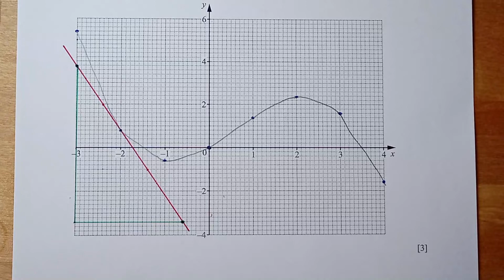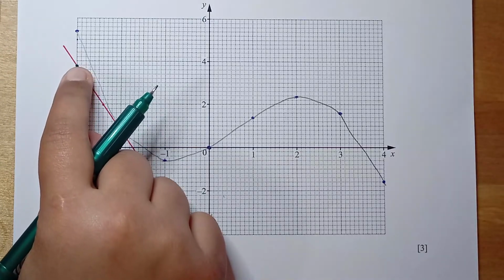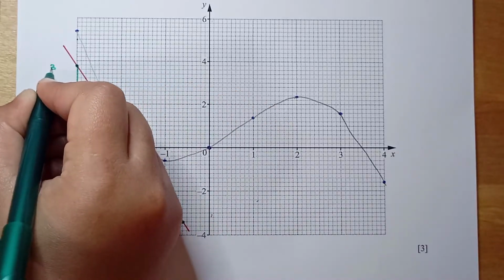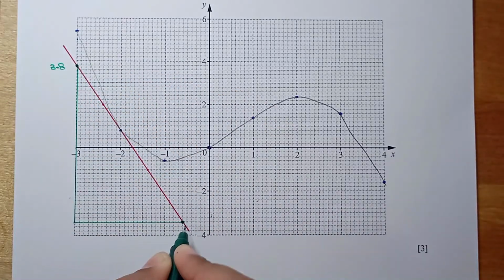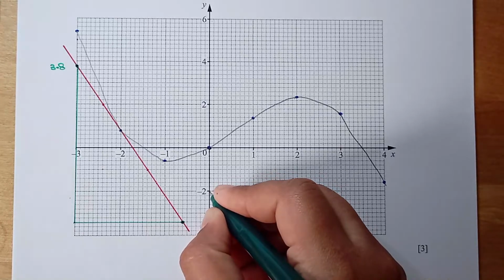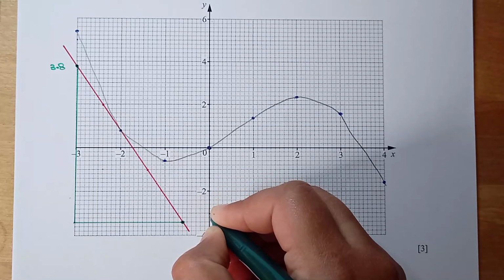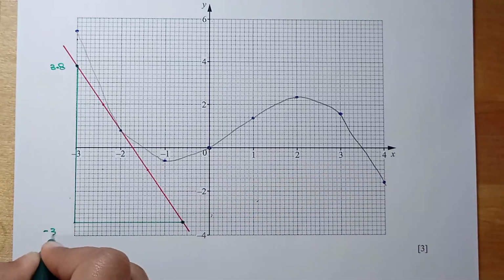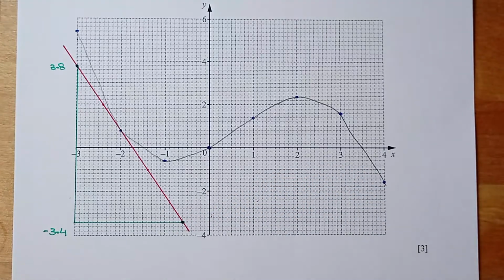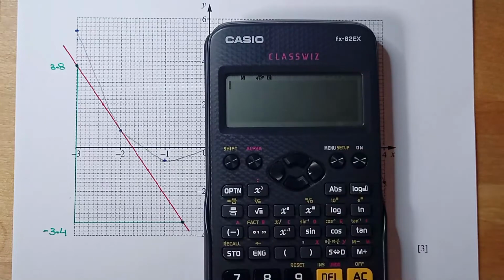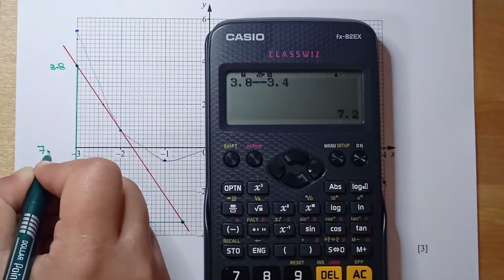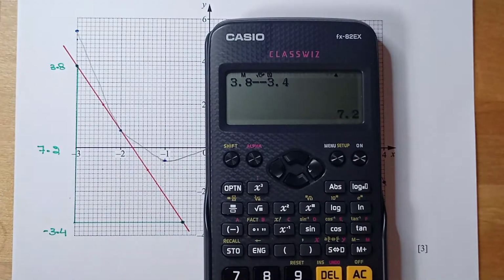Here the y value is 3.8, and here the y value is negative 3, we have negative 3, negative 3.2, negative 3.4. Now the change, higher value minus the lower value. The change is 7.2. So the y is 7.2.